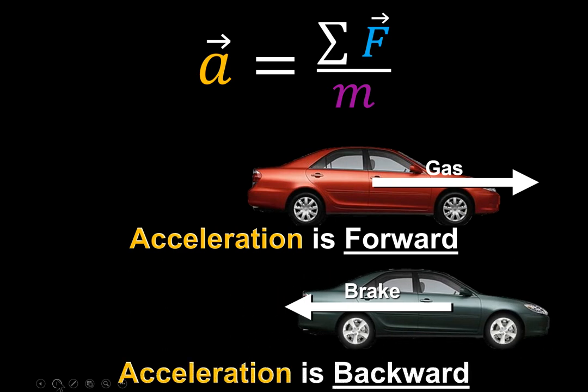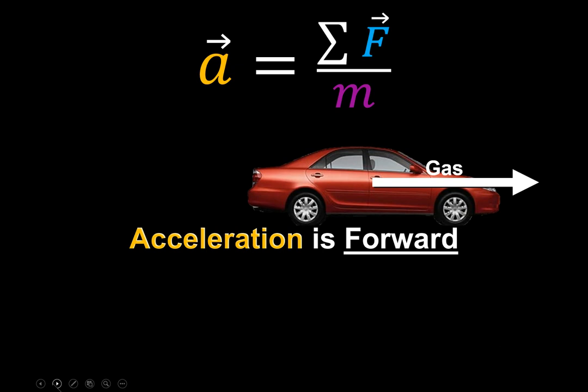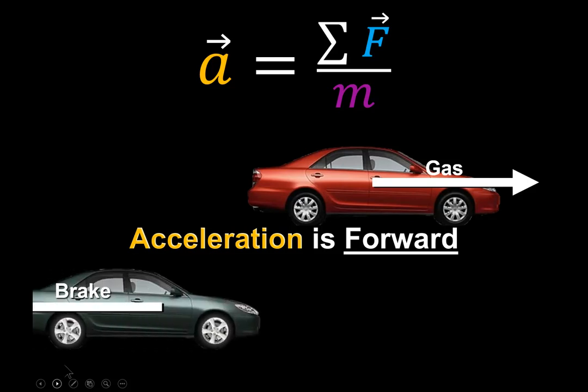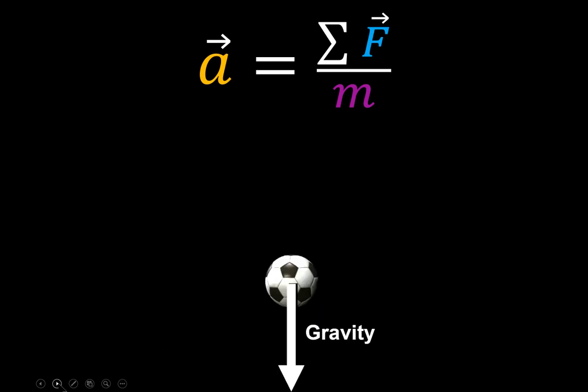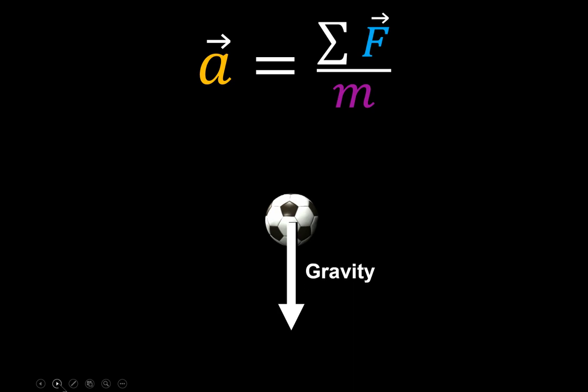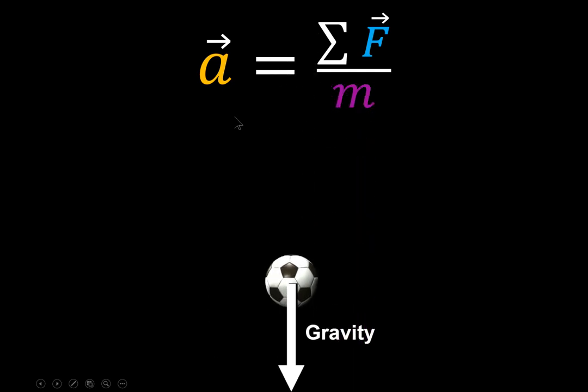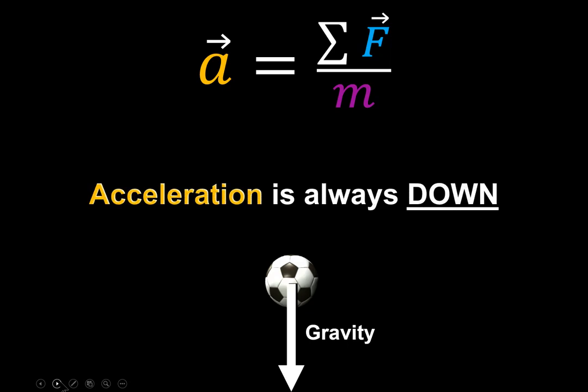Now, if you're braking, you're adding a force to the wheels to slow you down. That force is going backwards, so the acceleration is backwards. Same thing with gravity. You throw a ball up, it slows down and then speeds back up, all because of gravity. Acceleration is always down.